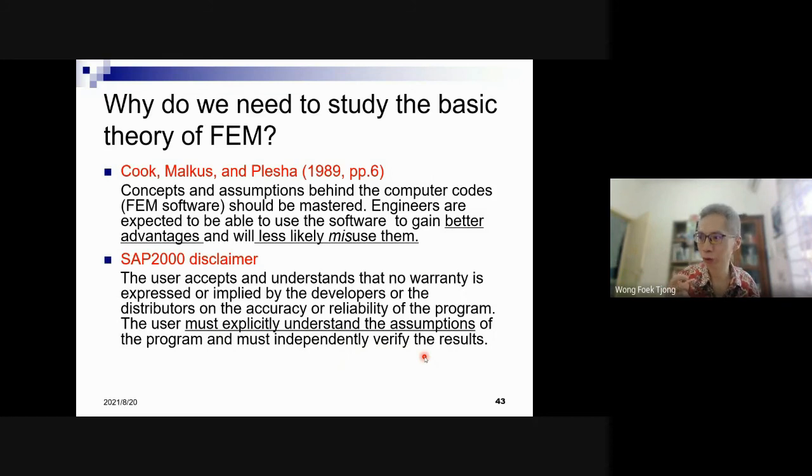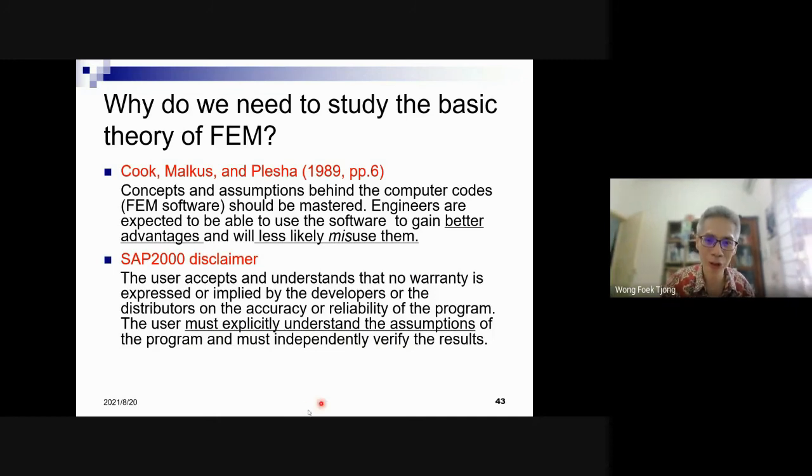When you use any finite element software, you will have background knowledge. Not all, of course. It's impossible to cover all because finite element is a very huge area, but at least some basic knowledge through this course. That's my hope, so you can use software better as professional engineers.